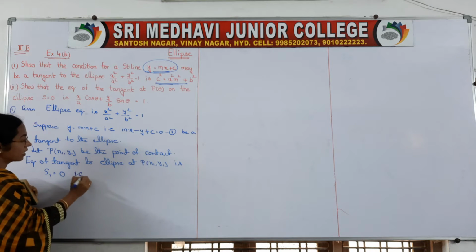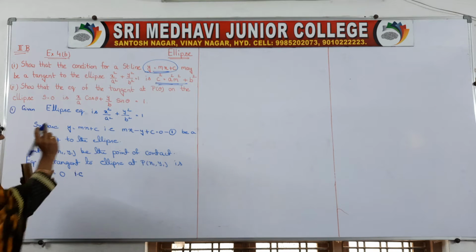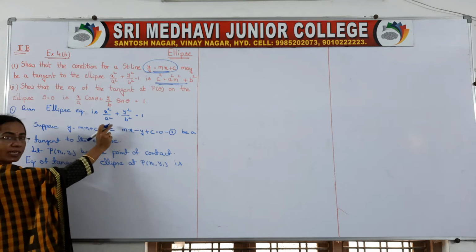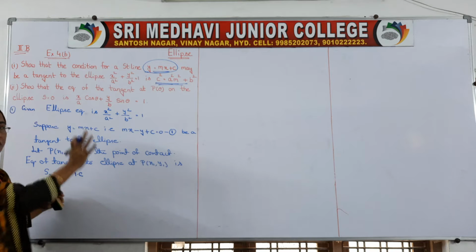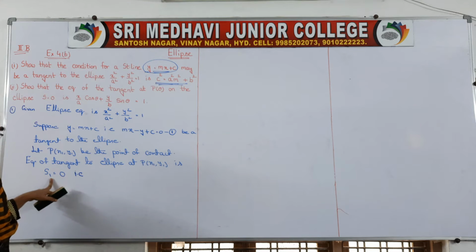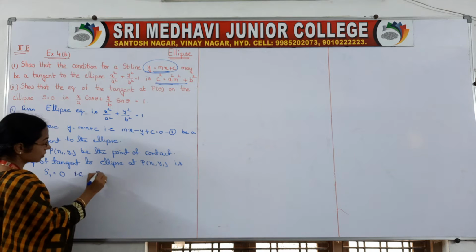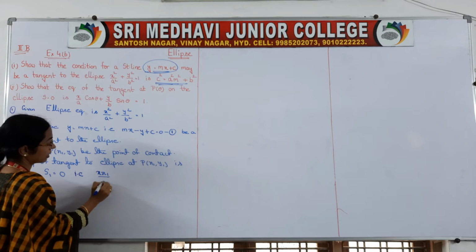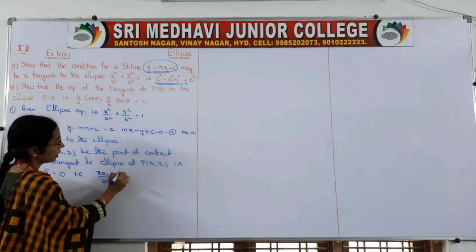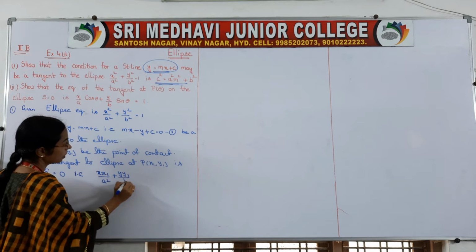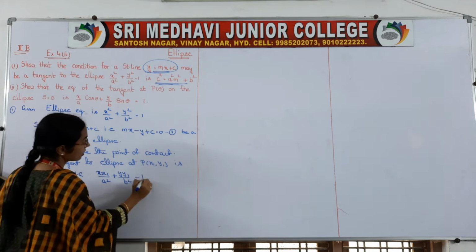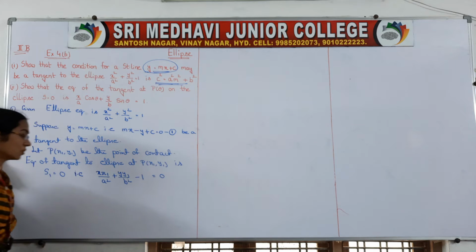The given ellipse equation is S, and S1 is the equation of the tangent. So it is x1 by a square plus y1 by b square minus 1 is equal to 0.